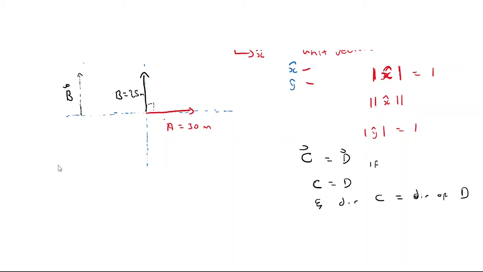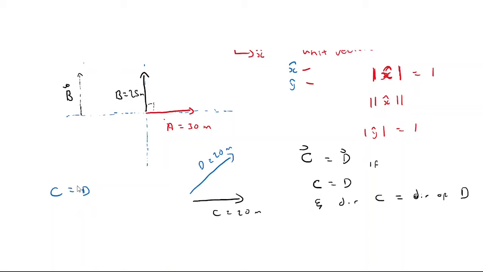So if I have a vector C, and I say vector C is 20 meters. And I draw another vector, and I say this is vector D, but I also tell you that vector D is 20 meters. So you can all agree that the magnitude of C is equal to the magnitude of D. Remember, when I write it without the arrows on top, I just mean the magnitude.